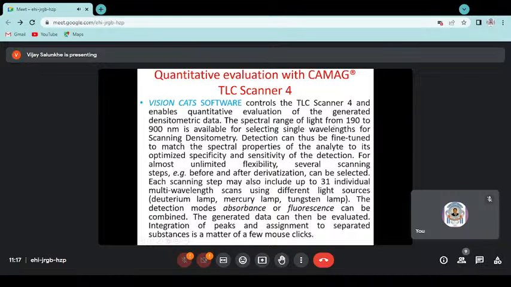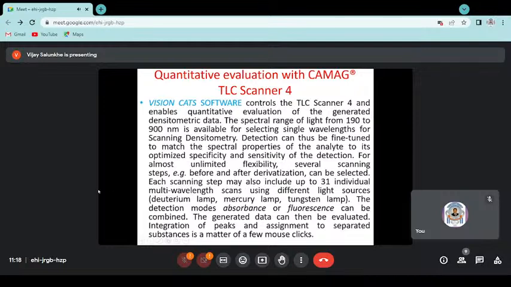The spectral range of light from 190 to 900 nanometers is available for selecting a single wavelength for scanning densitometry. Detection can thus be fine-tuned to match the spectral property of the analyte for optimized specificity and sensitivity. Each scanning step may also include multi-wavelength scanning, using deuterium, mercury and tungsten lamps.